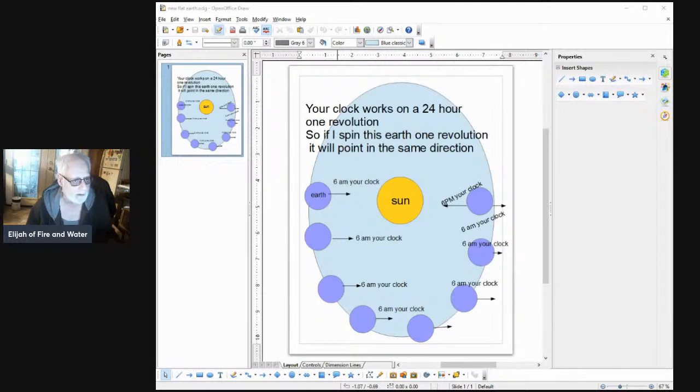Most people would see this right away. Wait a minute. If one spin is 24 hours, when we go around on the other side of the sun, it's not going to be facing towards the sun. We'll wake up in the morning at 6 a.m. and it'll be dark out. The other thing is, if we were going around the sun like this, when we are at nighttime, we'd be looking at a totally different part of the sky.